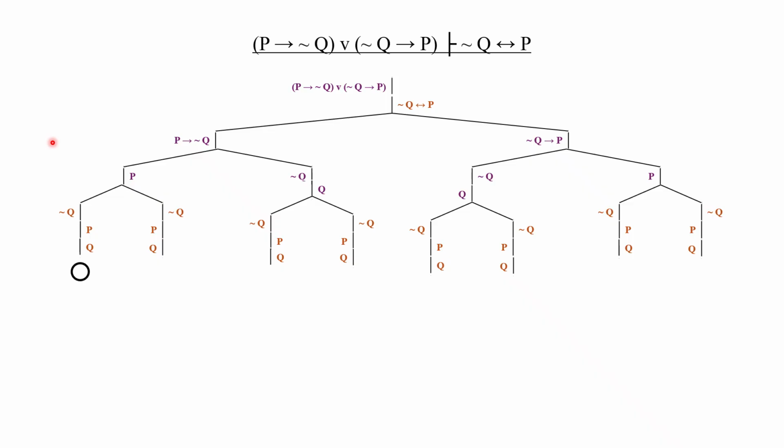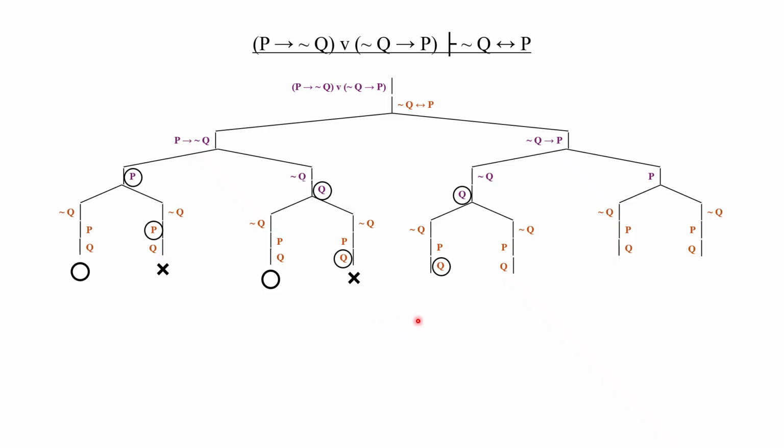Looking at this first branch here, it's ultimately going to be open. I don't see anything that's on the right hand side and left hand side. This next branch, well, I have a P on the left hand side and the P on the right hand side, so that one will close. And then looking at this next one over here, this one's going to be open as well. And then here I've got a Q on both sides, so that one will close.